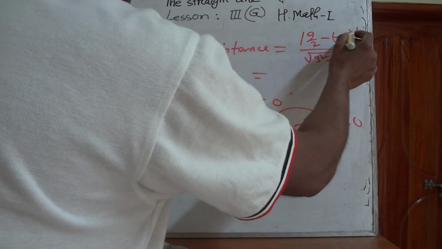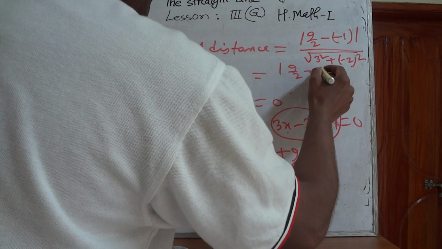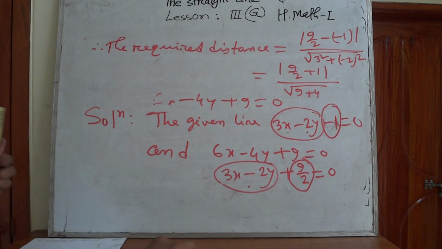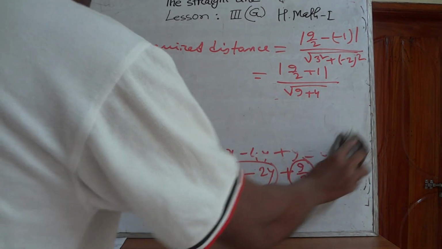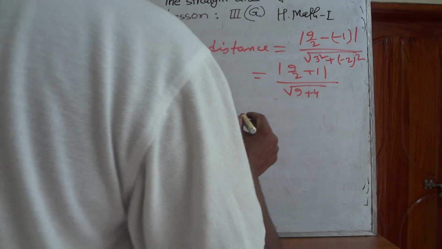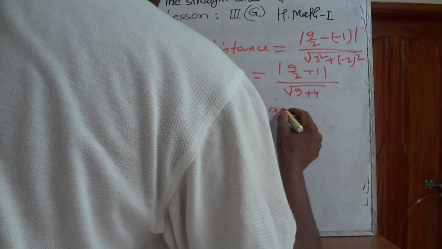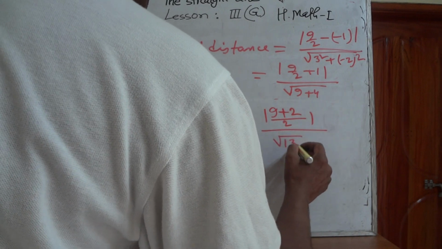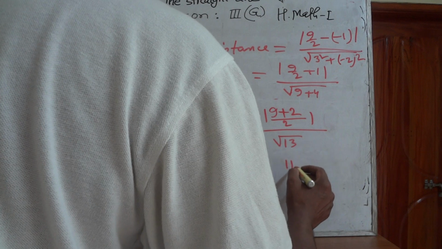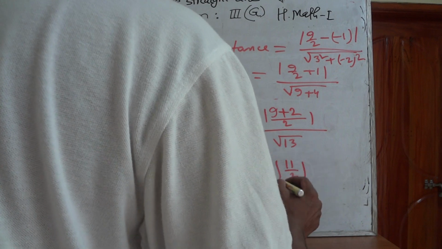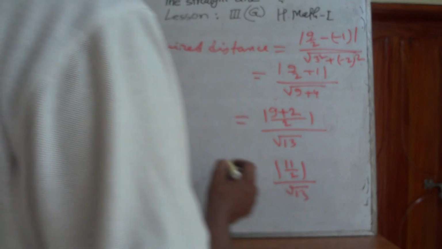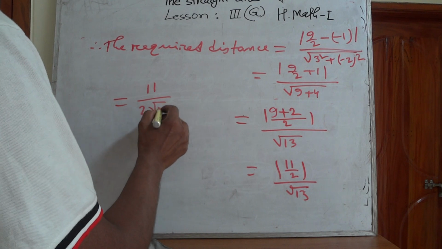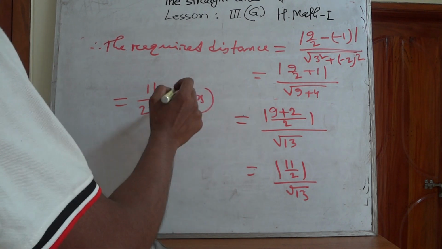This equals the absolute value of 9 by 2 plus 1 divided by the square root of 9 plus 4. And this equals, after taking the LCM, 9 plus 2 by 2, and here it will be square root of 13. That is 11 by 2 square root of 13. This equals 11 divided by 2 square root of 13. This is the required answer.